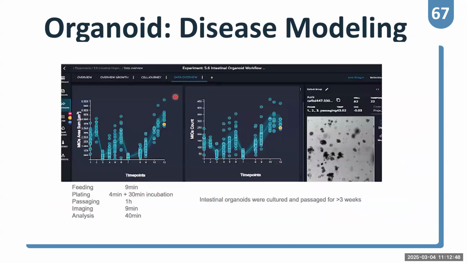You can see here from the monitor, starting with plating the cells, feeding the media, and doing the subculture for you. You can see the report of the growth, the number and the size of the organoids, then subculture again, grow again, subculture again, grow again.